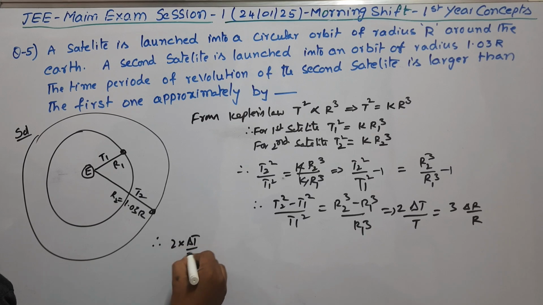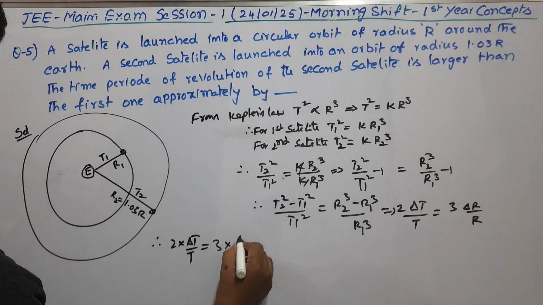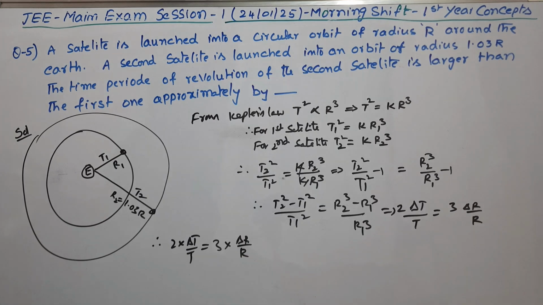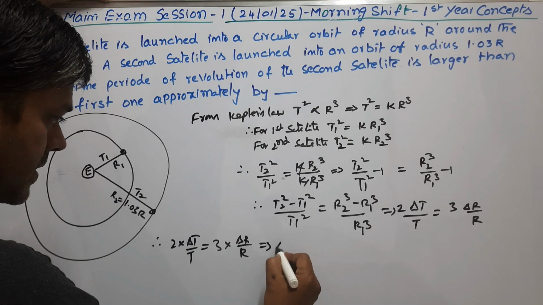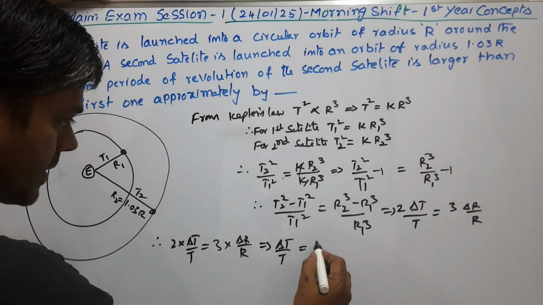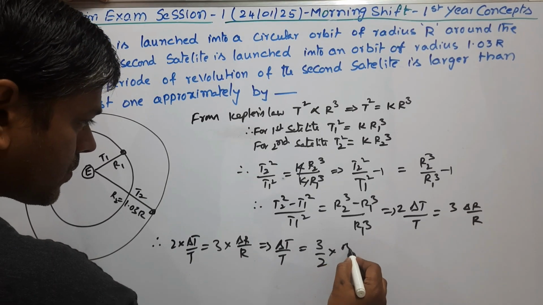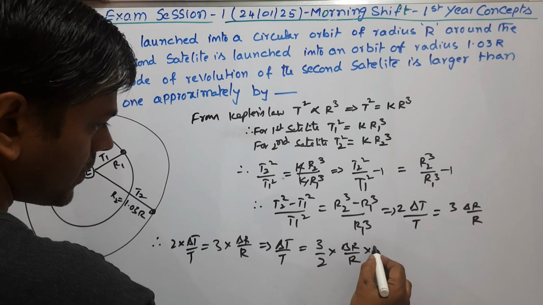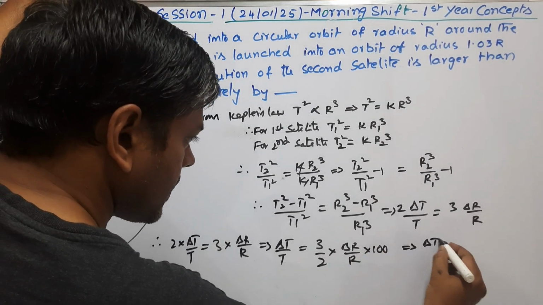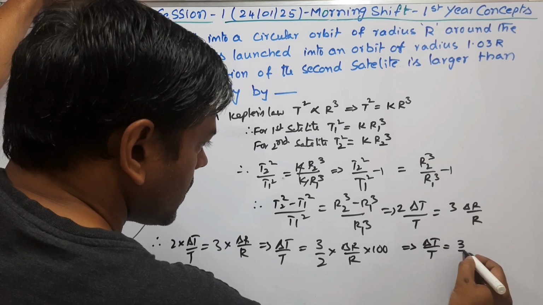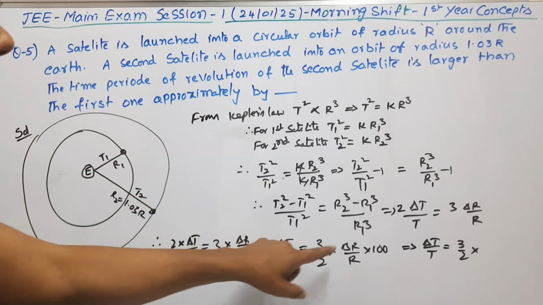Approximately, in percentage change, you may write it like this. That implies delta T by T is equal to 3 by 2 into delta R by R into 100.